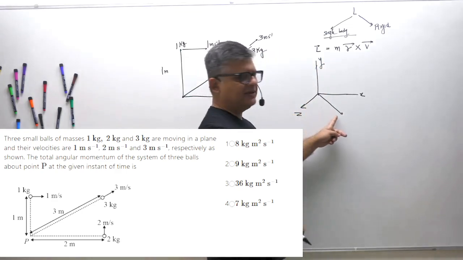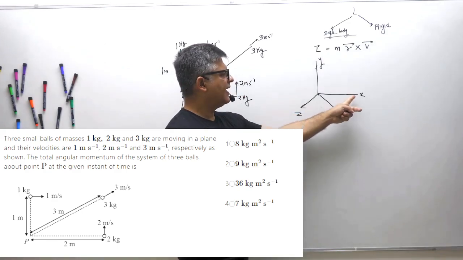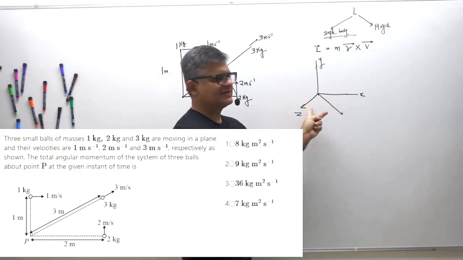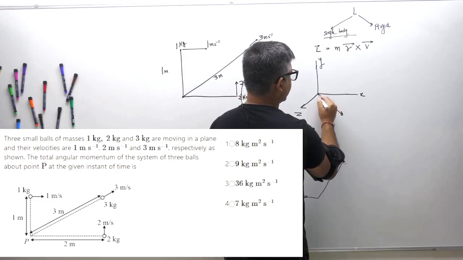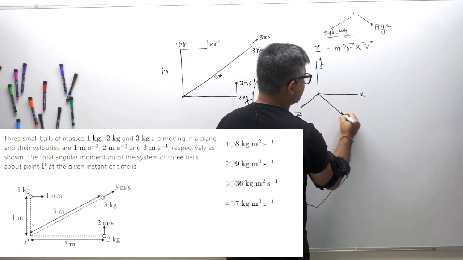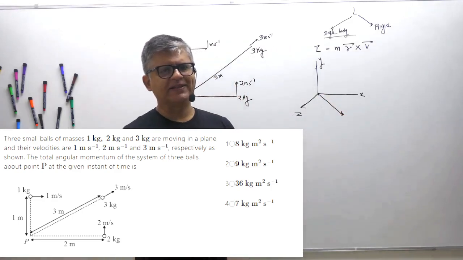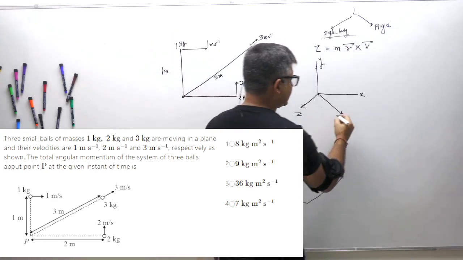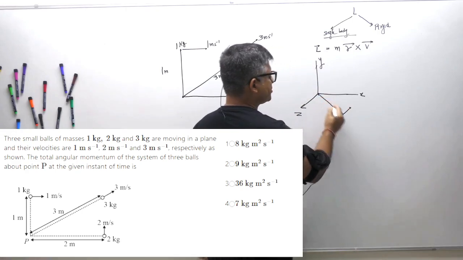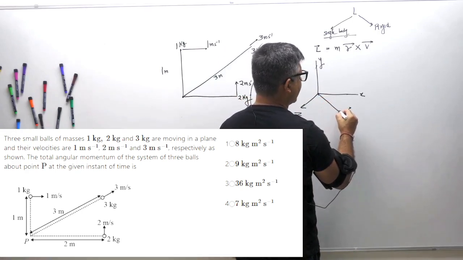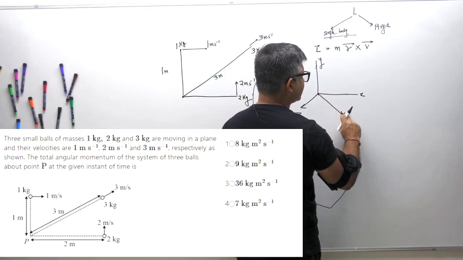And if this body, which is moving, is in the x-z plane with a velocity v, then let's say the linear momentum of this body is directed like this. The position vector is here, and there is an angle between them. I've shown it very simplistically.